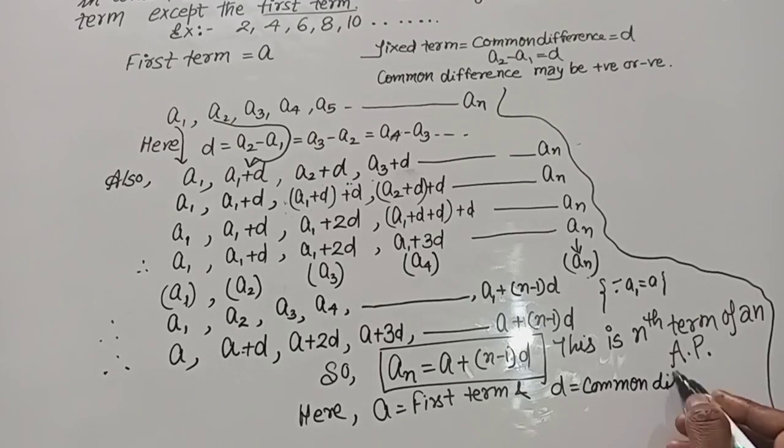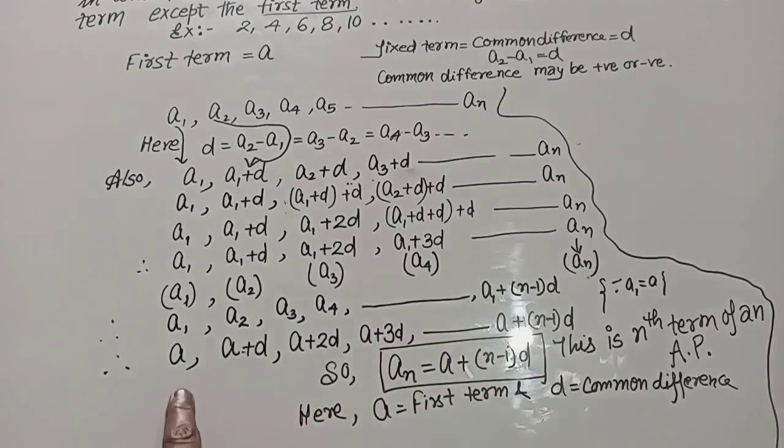What you have observed is that if anyone asks what is the second term, it is a plus d; the fourth term, a plus 3d; the sixth term, a plus 5d. This is our series, a series of a pattern, you will find it.